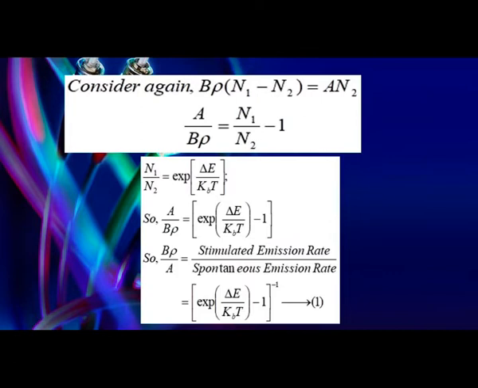Follow this, then you will see B rho by A, stimulated emission rate divided by spontaneous emission rate, is 1 over exponential delta E over kT minus 1. The whole bracket is 1 over something, that is why I put minus 1 on top of it.